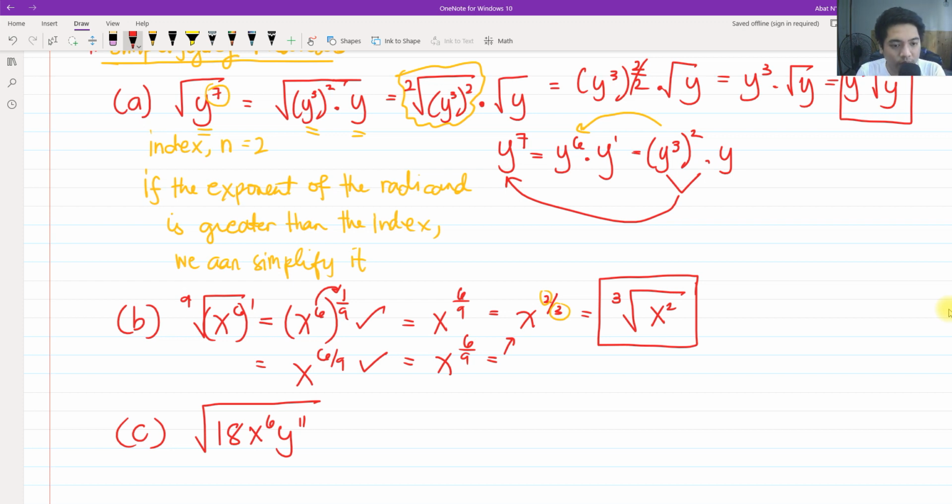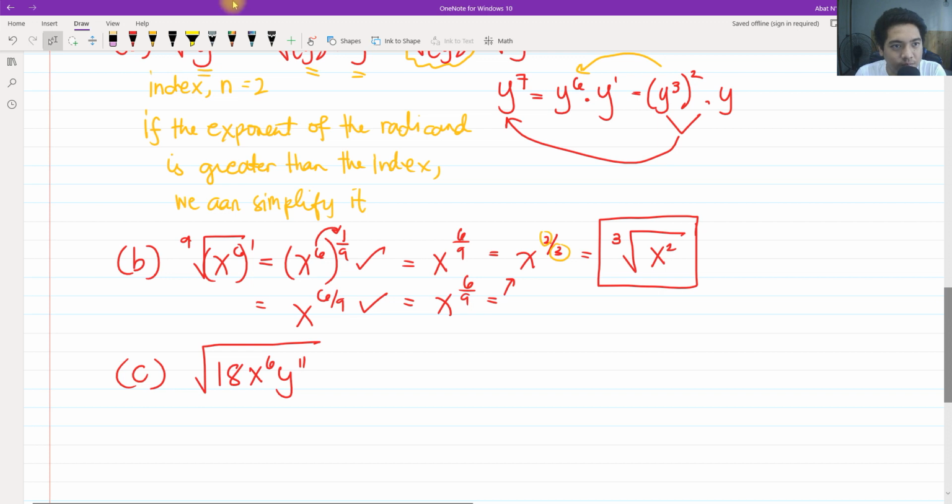So what we are going to do here is we have several violations, okay, to simplify the radicand. First of all, the exponent inside the radical sign is greater than the index, which is 2. So we can simplify this, no doubt about it.